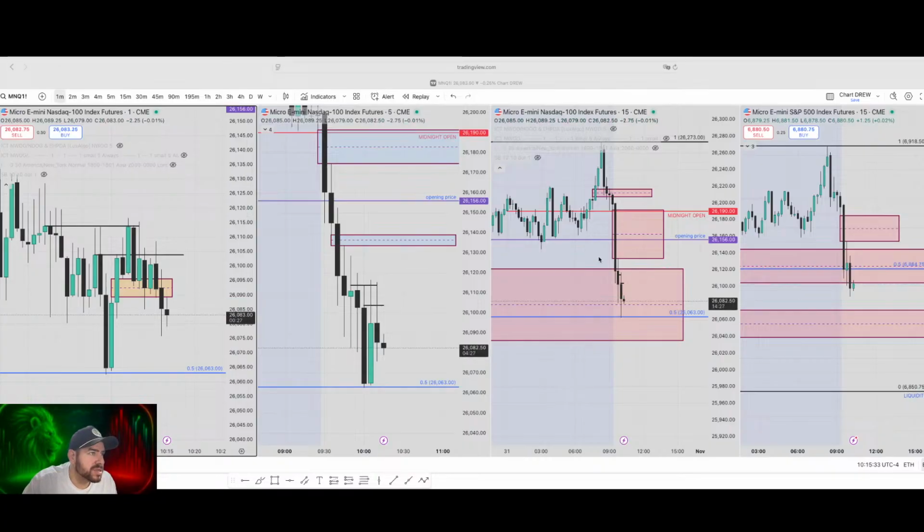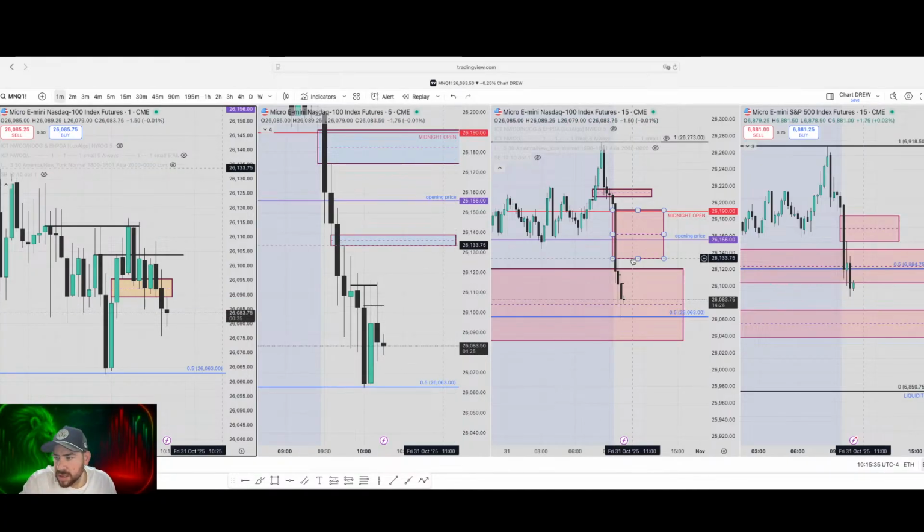Just want to retrace more. I just want to get a retracement though. So not quite yet. I just want to get a retracement first.